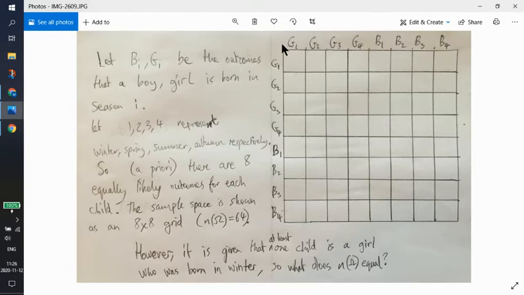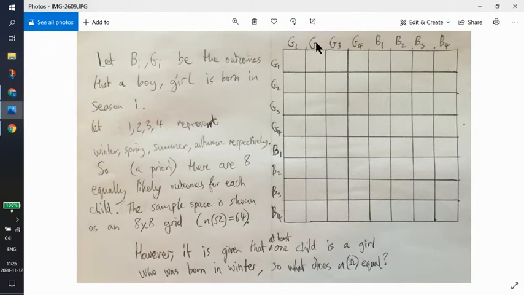And there are two children, so a priori, without using any additional information, there are 8 equally likely outcomes for the birth of each child. Each one of them could be a girl or a boy with equal probability, and for each gender the seasons are equally likely.